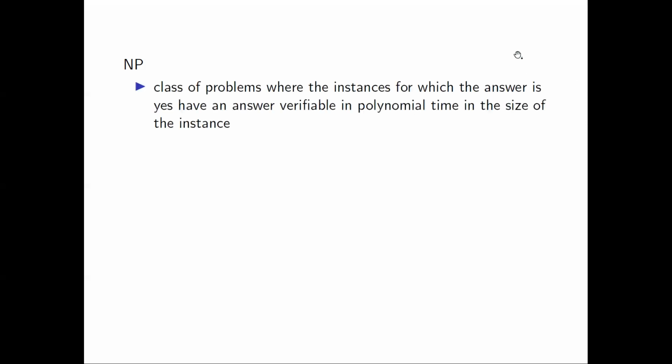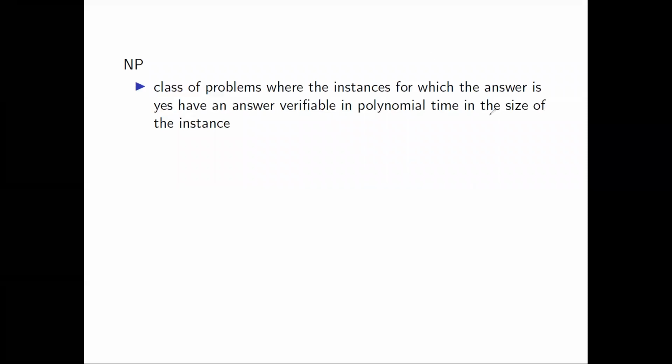And we've seen NP before. This is the class of problems where the problem instances for which the answer is yes have an answer that's verifiable in polynomial time in the size of the instance. So when we're talking about graph problems, often our instances will be graphs.